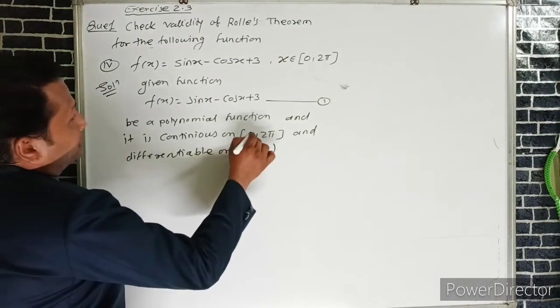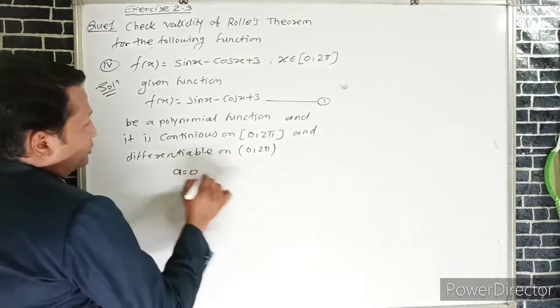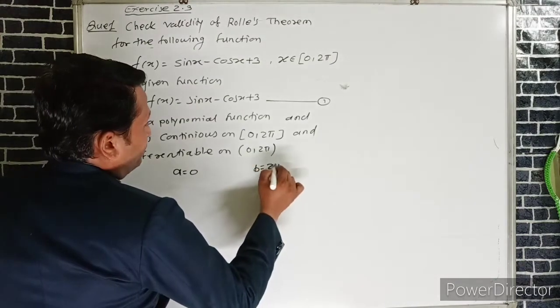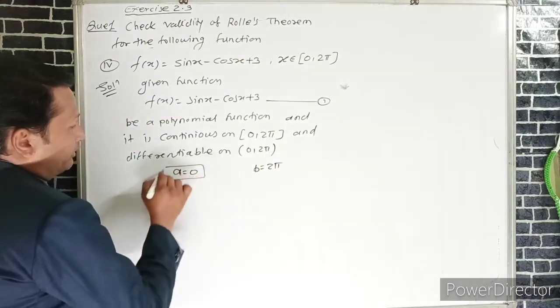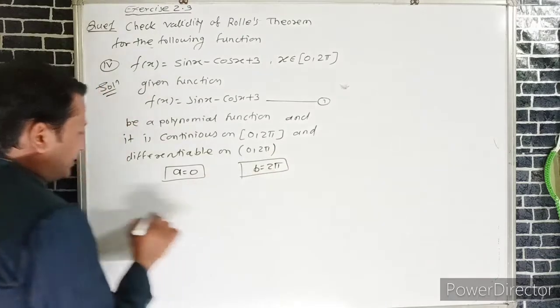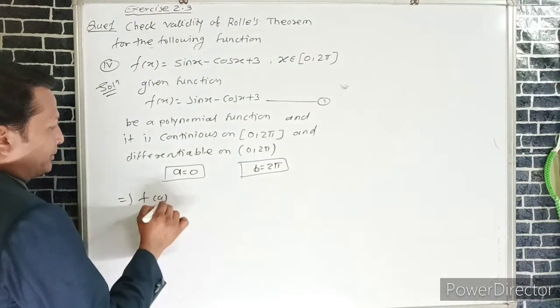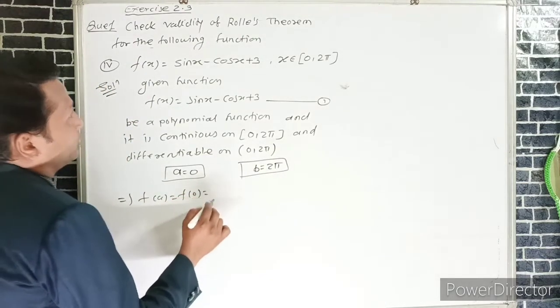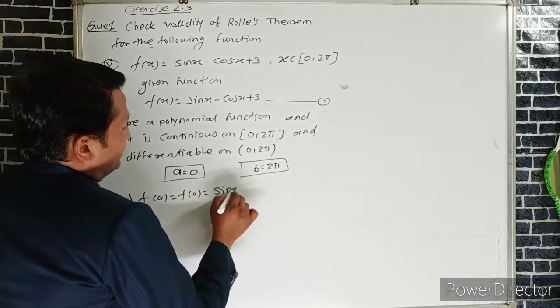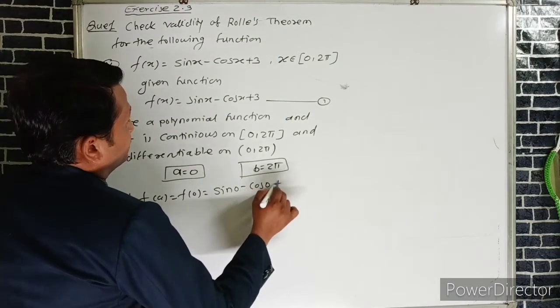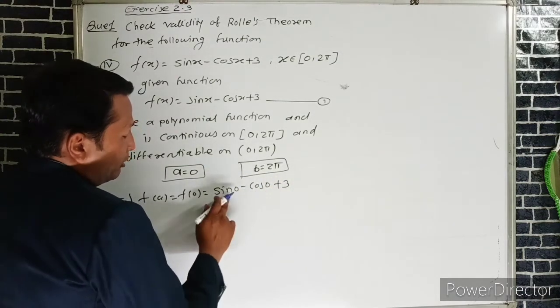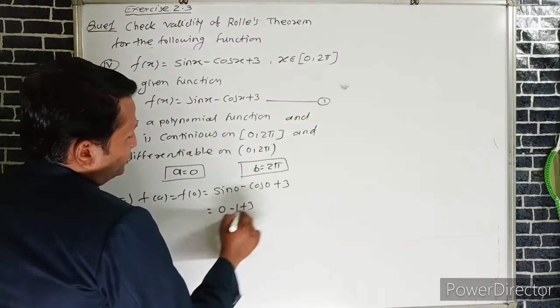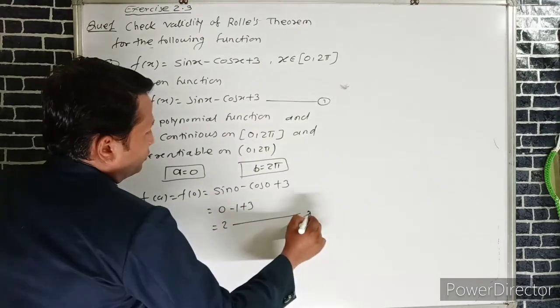By comparing these, we can write a is equal to 0 and b is equal to 2 pi. So by using the values of a and b, we can find f of a, that is f of 0. We can write sin 0 minus cos 0 plus 3. The value of sin 0 is 0, minus 1 plus 3, we can write 2, number 2.